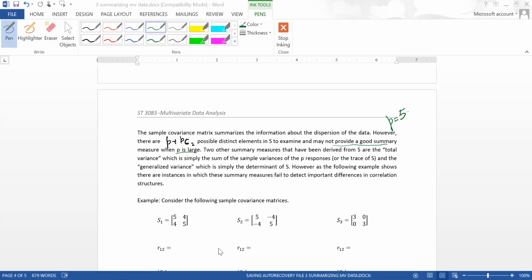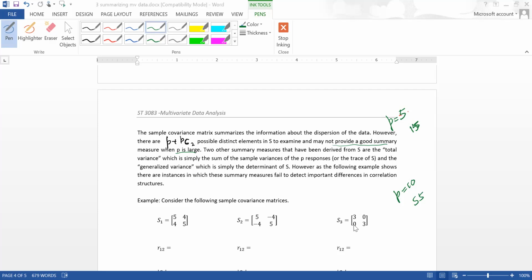Then it's going to be 15. And suppose p equals 10, what would be the number? 10 plus 10C2. 10 times 9 over 2, 45, plus 10, 55. Yes, it's 55.